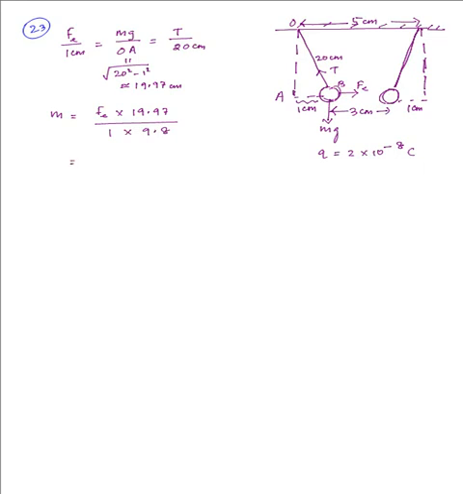The electrostatic force at that point is equal to 9 times 10 raised to the power 9, times the charge on each of them, 2 times 10 raised to the power minus 8, squared, divided by the square of the distance. That is 9 times 10 raised to the power minus 4, because it's in centimeters, so that has to be squared as well, converting to meters. And then we have 1, and then we have 9.8, and finally we have 19.97. The 9's get cancelled out.